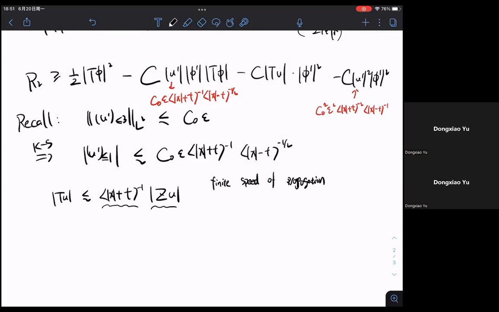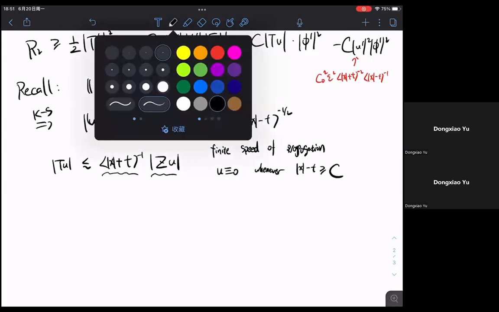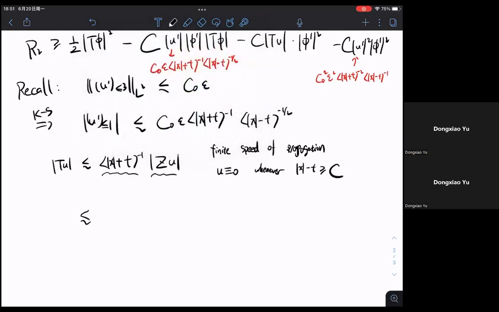So U is always 0 whenever x minus t is larger than or equal to a large constant, capital C. Because of this, we can apply the fundamental theorem of calculus.